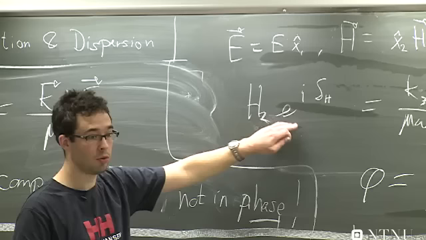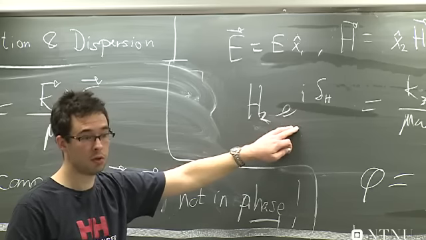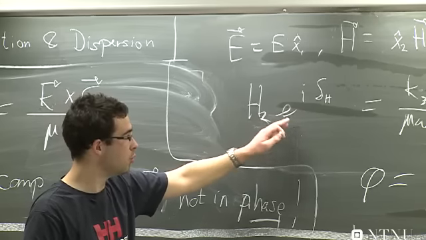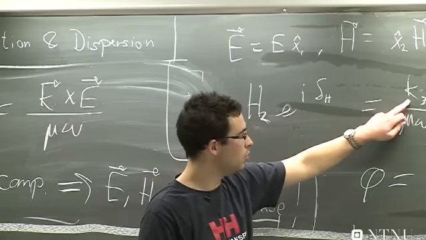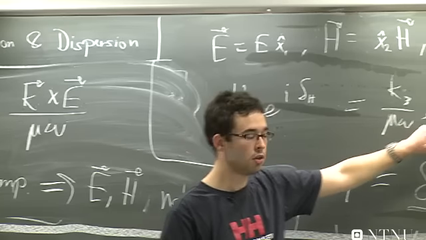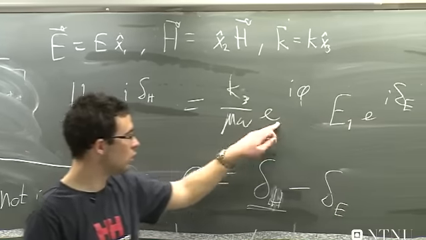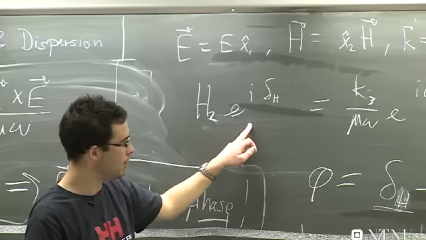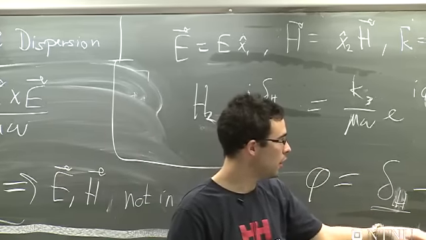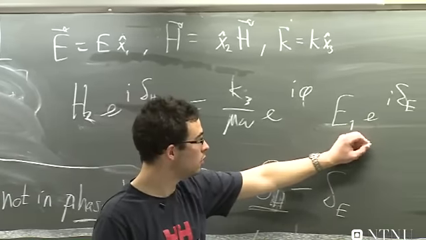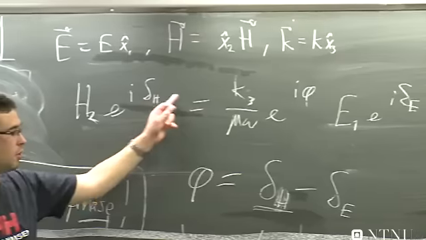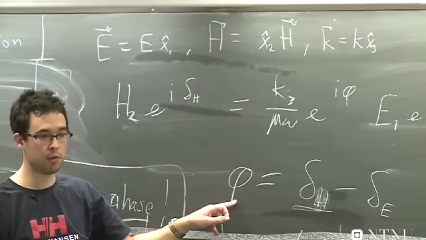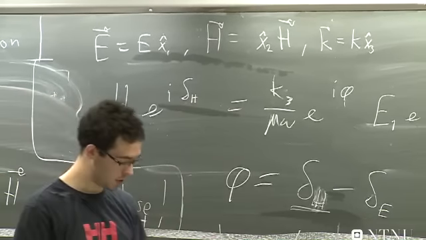I write this in the amplitude-phase form, which you know from just complex numbers. And so I put everything in this form, and then you have the amplitude and the phase of this. So this is the only, let's say, complex part. Yeah, so I just divide by this factor here, and then you get delta H minus delta E. That forms phi. Yep, that's it.